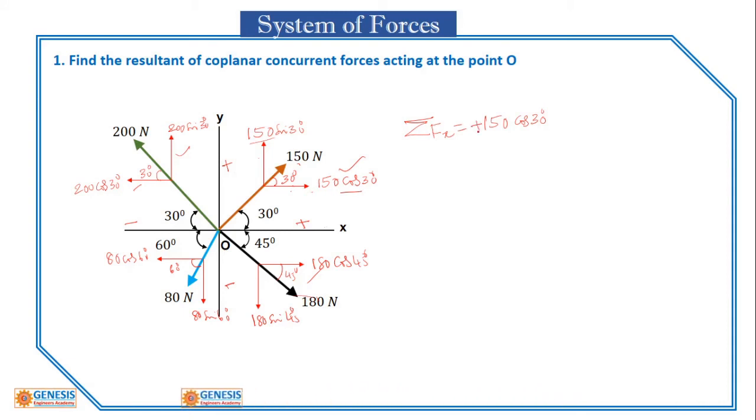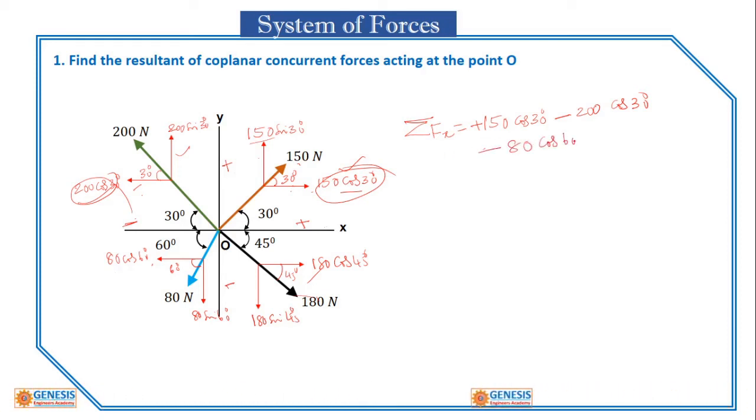This one is in the negative x-axis direction, that is why I have to use the negative sign: minus 200 cos 30 degrees. That is also over, and we move on to this one. This is also towards the left, on the negative x-axis, so it is minus 80 cos 60 degrees.